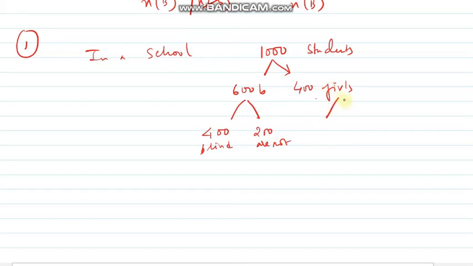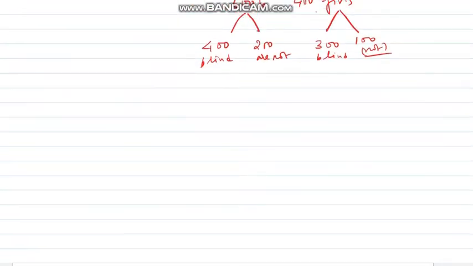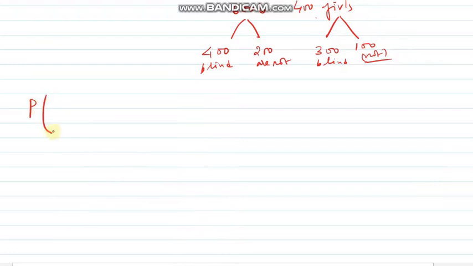And out of these 400 girls, we have 300 blind and 100 are not.